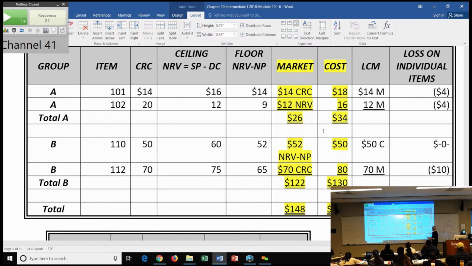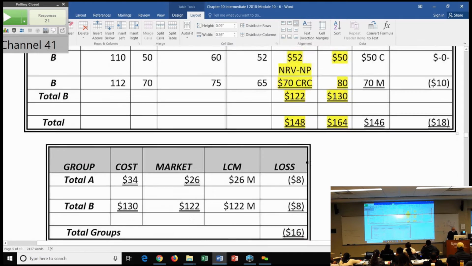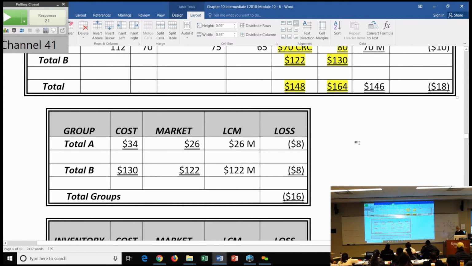And when we look at product group B, total market is 122, total cost is 130. The market is lower by 8, so the loss is also 8. So in this case, the loss is also large, but it's lower than individual items, so the loss will be 16. And finally, when you do total inventory, it's really just comparing these two items. Let me highlight them here. And that would be 16. It's the same as the group.